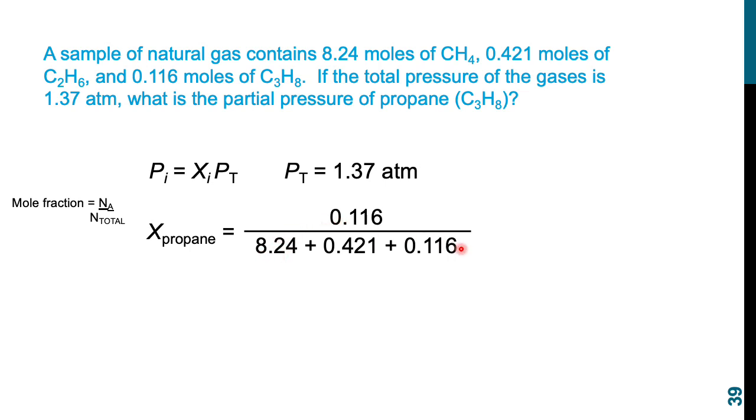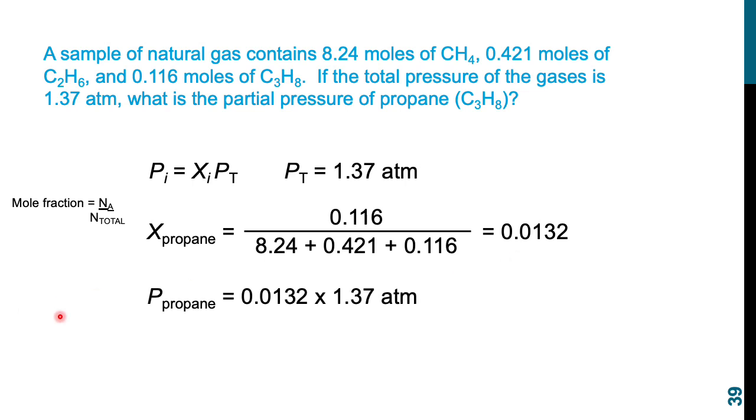Divided by the total number of moles. So the total number of moles is 8.24 moles plus 0.421 moles plus 0.116 mole. And then you will get the mole fraction for the propane, that is 0.0312.